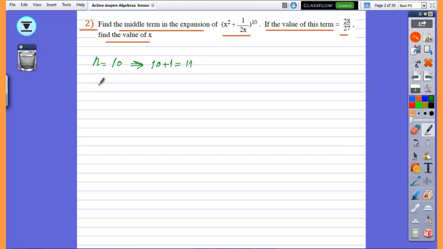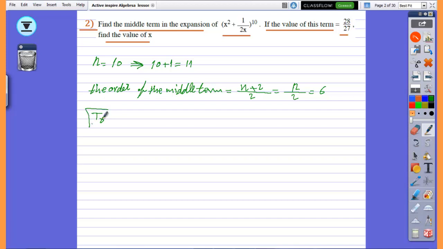The order of the middle term equals, according to the rule, n plus 2 all over 2, which equals 10 plus 2 is 12, 12 over 2 equals 6. So the middle term is T6.